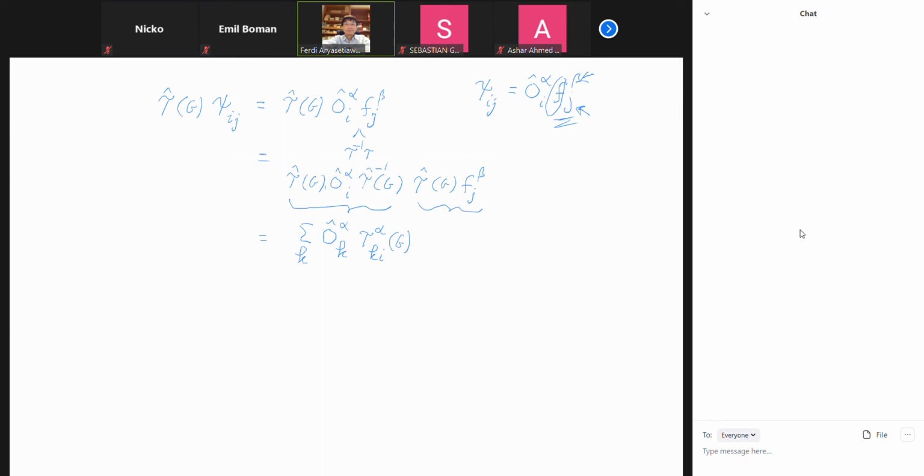And that is just the definition of the irreducible representations: the linear combinations of functions in the irreducible subspace.